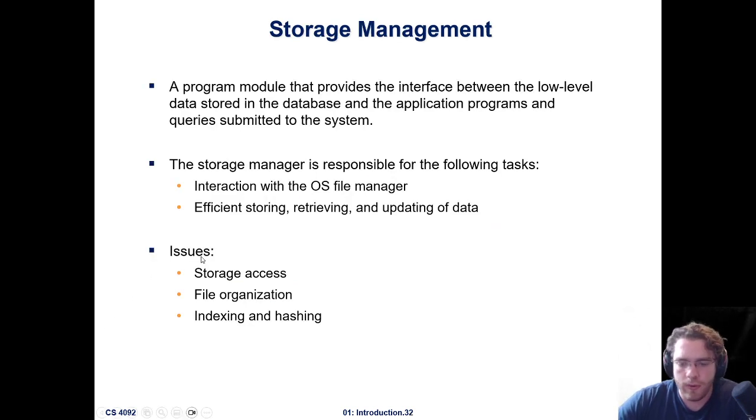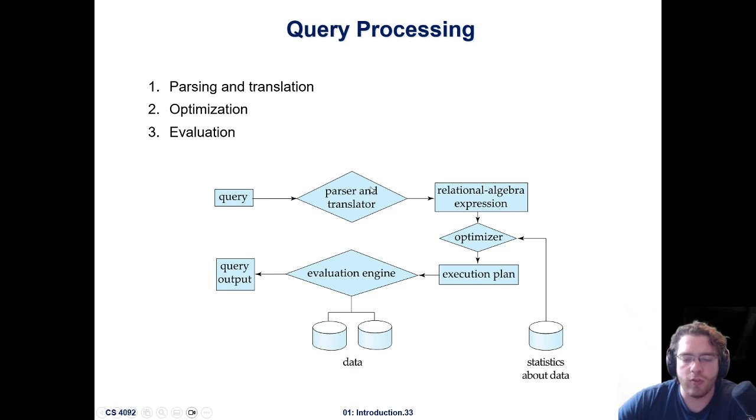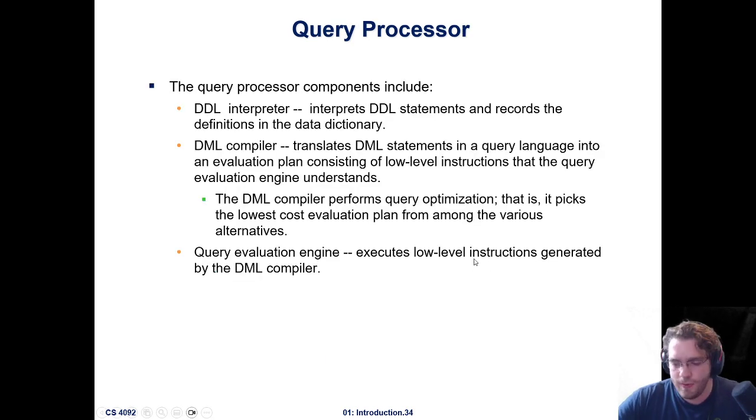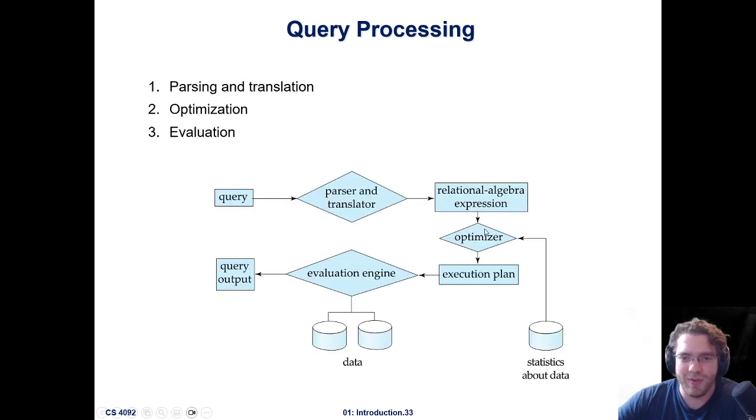So if we put in a query, such as the one we saw earlier where we said select all from, or select instructor from table instructor where name is equal to Einstein, we're going to parse and translate that into an actual relational algebra expression, which is what we'll look at next week. And then we're going to have an optimizer. We're going to get some stats about the data that we have too. Sorry, my computer keeps jumping around. It's going to start executing that information. It's the engine here that's going to evaluate it. And all we see here is our output from it.